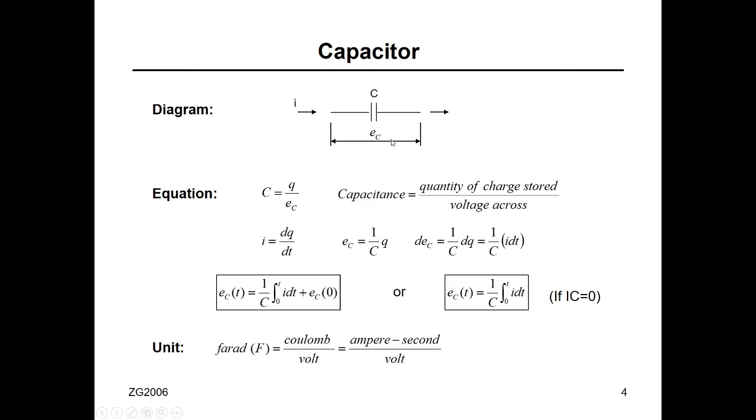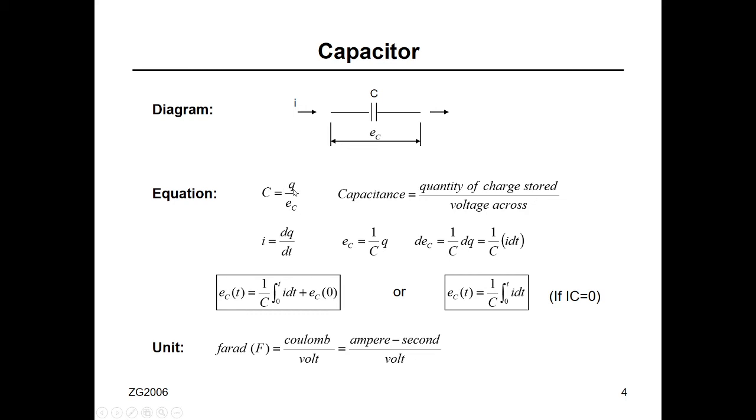And the capacitor, this is how we draw a capacitor. How are we going to derive the voltage across the capacitor? From the definition of capacitance. Capacitance is the quantity of charge stored over the voltage across. So the capacitance is the quantity of charge over voltage. What is this charge?